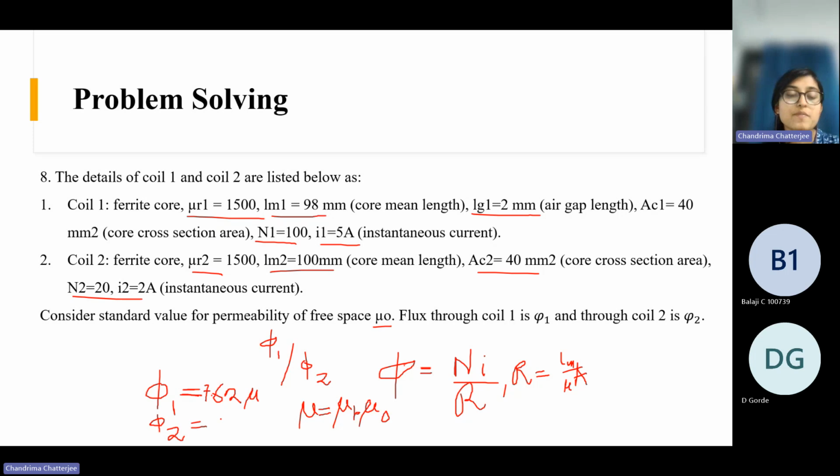Okay. 5.2 similarly we should calculate, with Lm2. Let's verify.